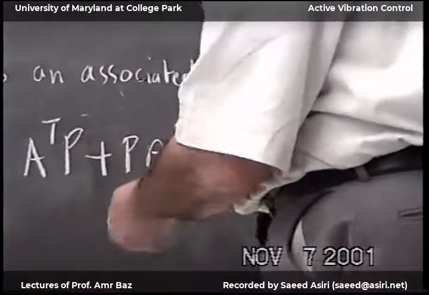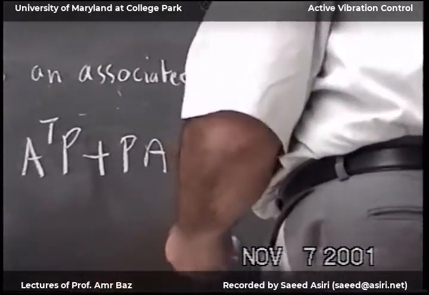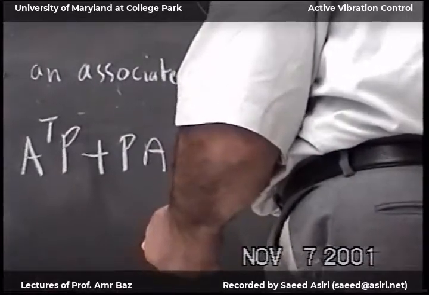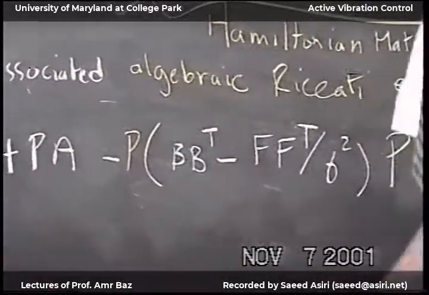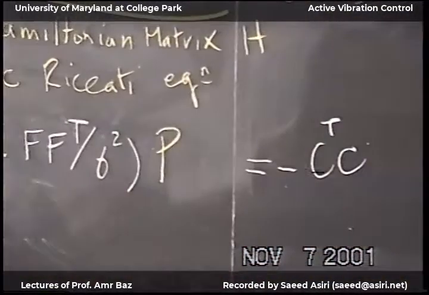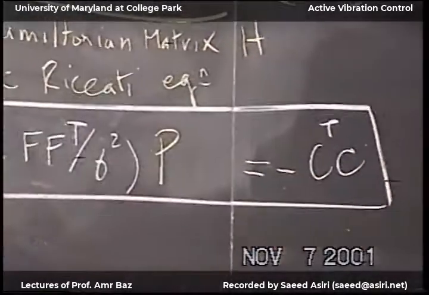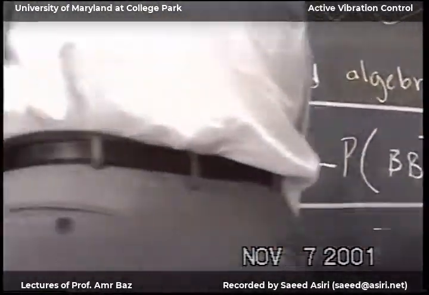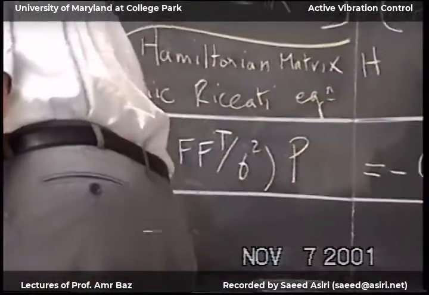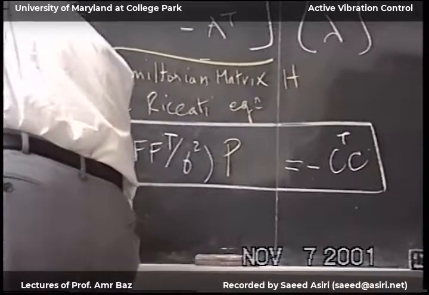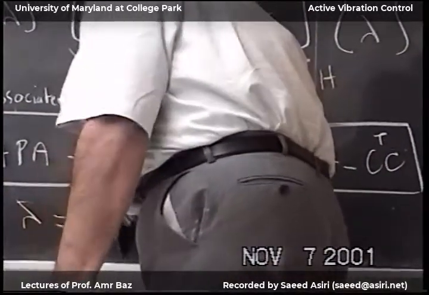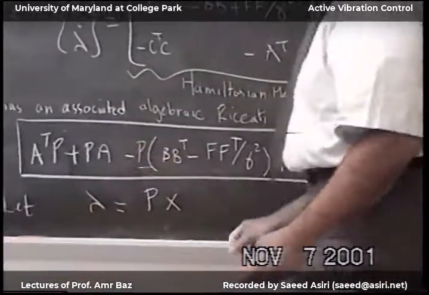And then we have here E and B. Now I'm going to make the following, and we'll see here, let lambda be equal to P times X.